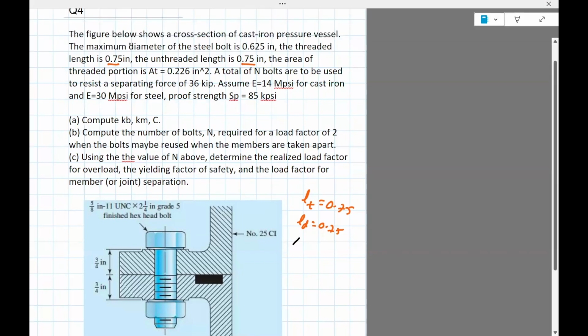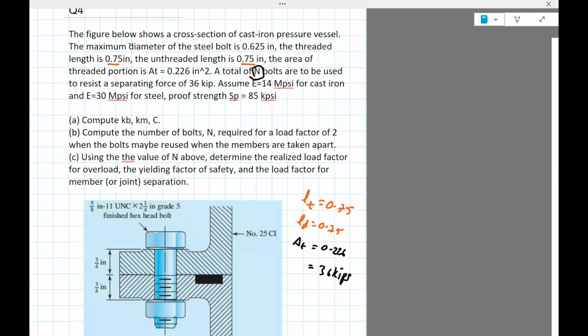The area of the threaded portion is 0.226. So this is just one bolt, we need to use n bolts so as to resist a separating force of 36 kips. So this force, the separating force, I think is it Fi?